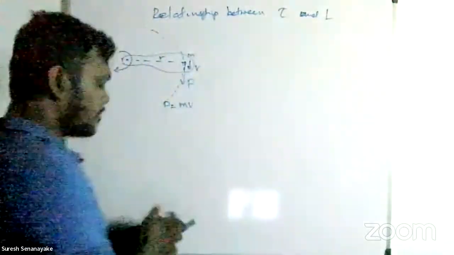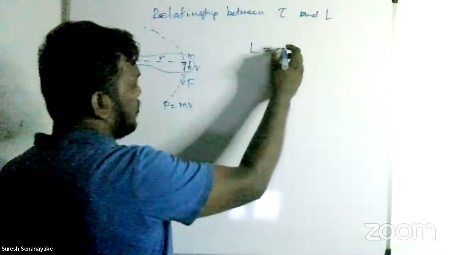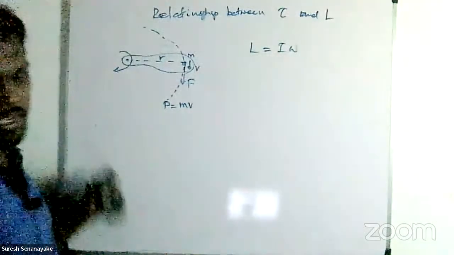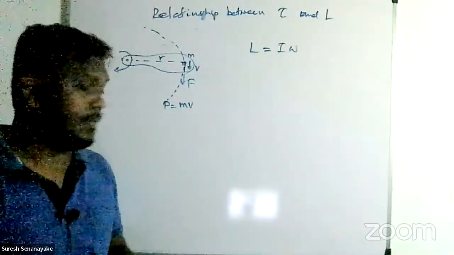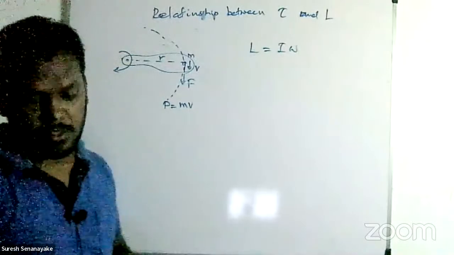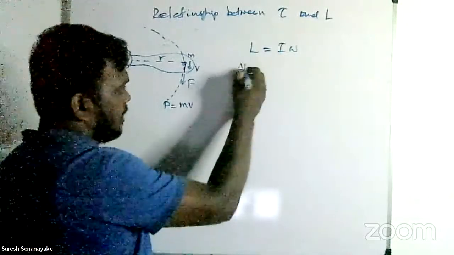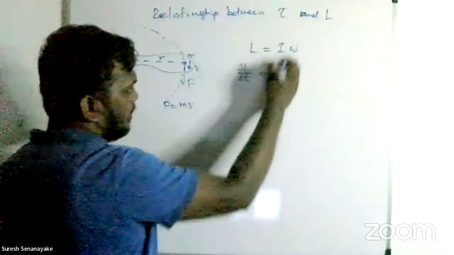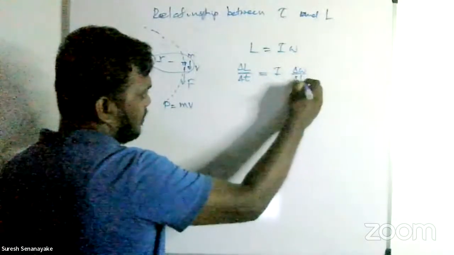And also you know that angular momentum is equal to I omega. About the axis we consider, the moment of inertia is a constant for a body. So by taking the rate of change, you can take that I as a constant. This is equal to I delta omega over delta t.